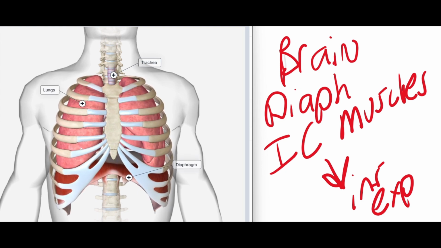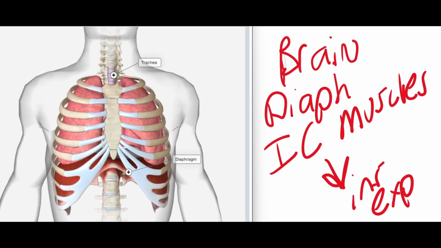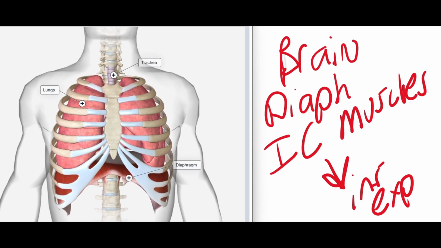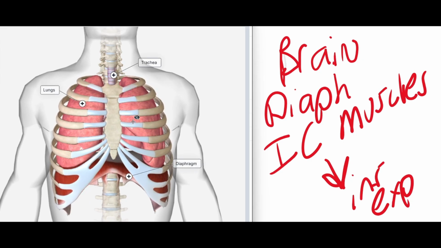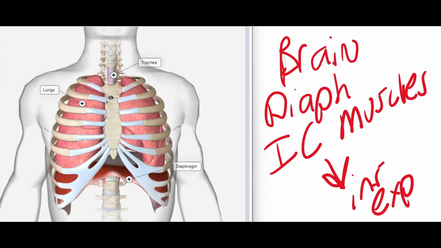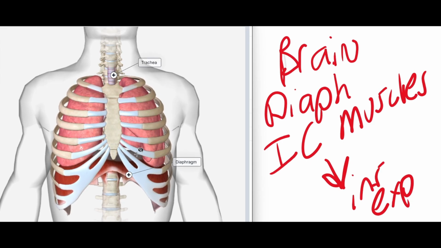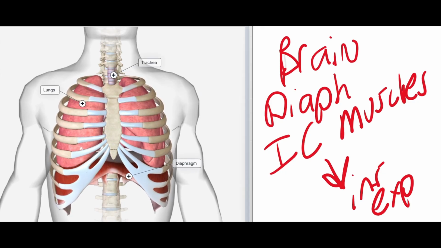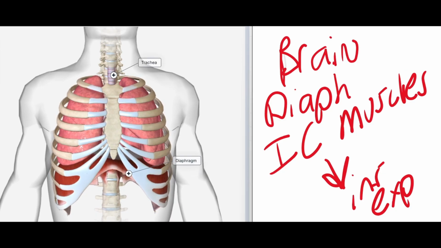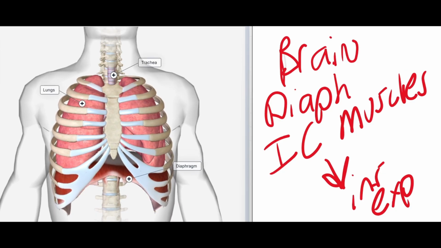And so, as you can see here with our depiction, in order for mechanical ventilation to take place, on inhalation, the diaphragm drops down, the intercostal muscles pull the chest cavity outward. When that happens, what type of pressure is created inside of the chest cavity? Negative pressure. Remember, negative pressure inside the chest cavity.